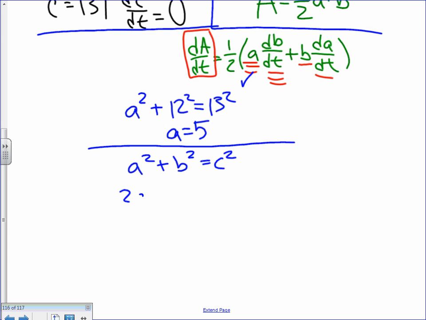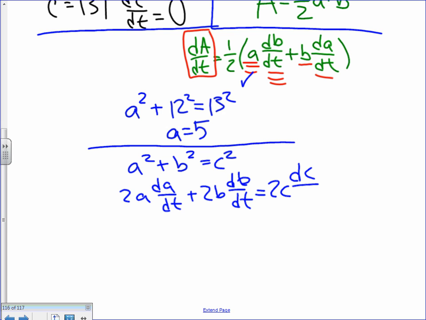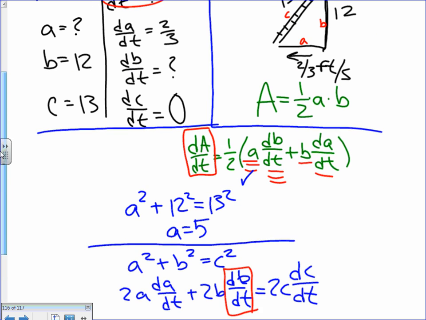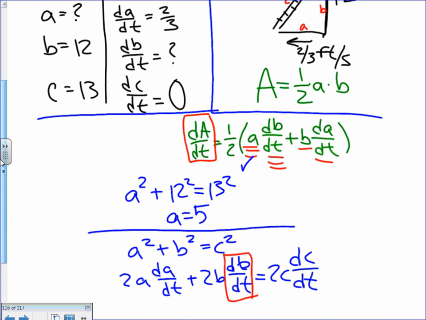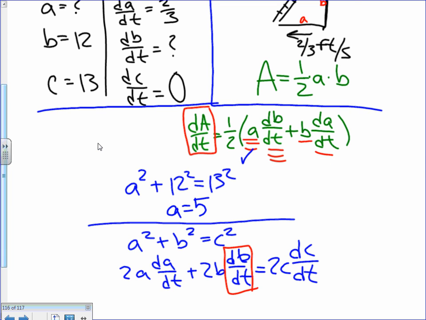I'm going to take the derivative: 2a dA/dt plus 2b dB/dt equals 2c dC/dt. Now I have values to plug in for everything except dB/dt, because that's what I'm trying to solve for. Let me scroll up a little bit to my chart.